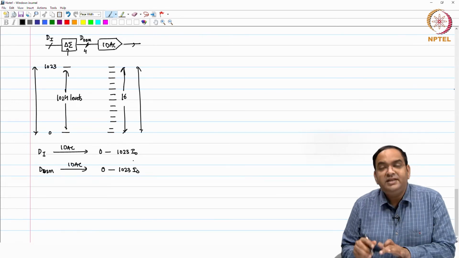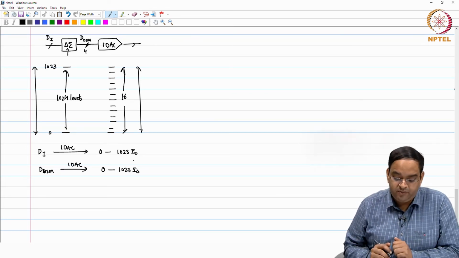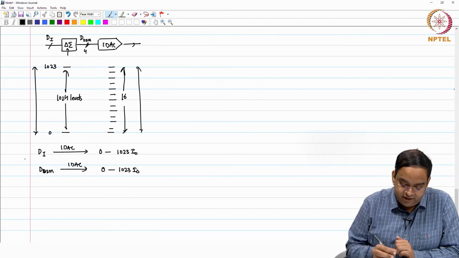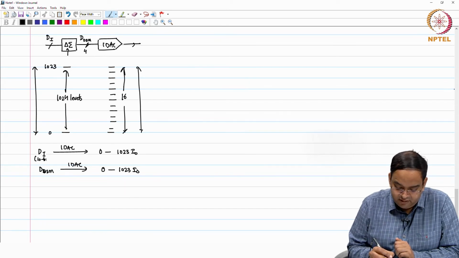This range is maintained, that is the important part, but here it is a 10-bit number and here it is a 4-bit number.